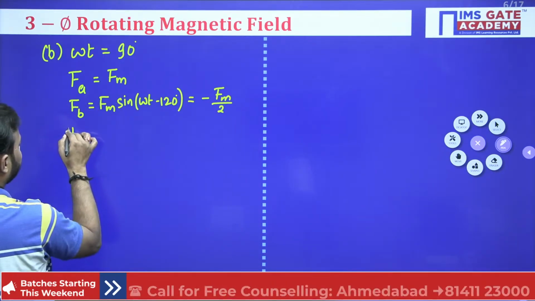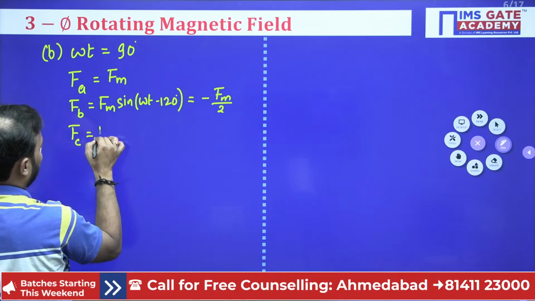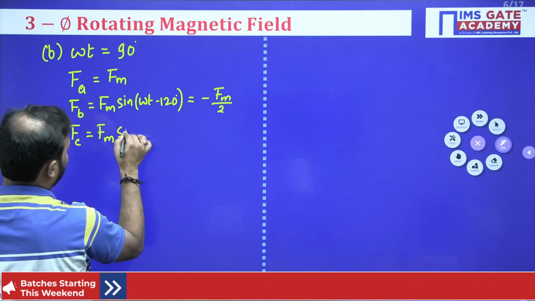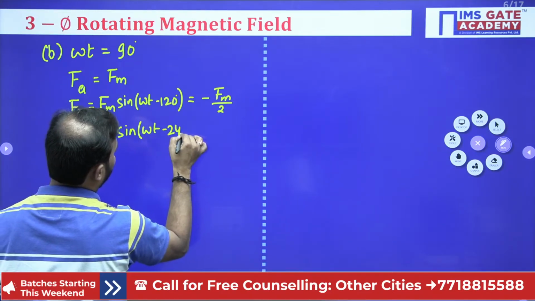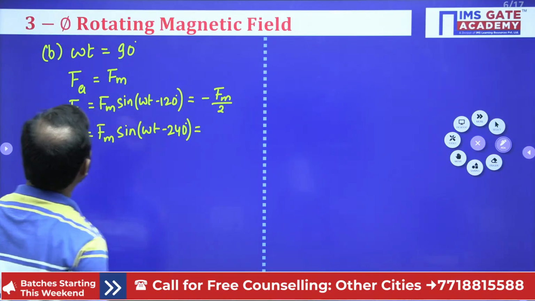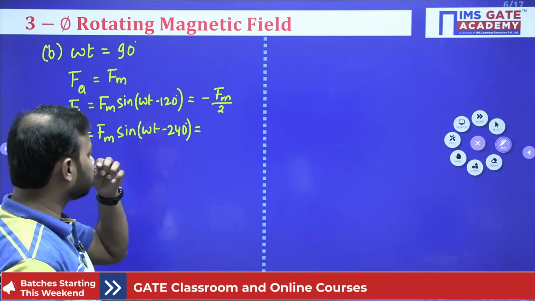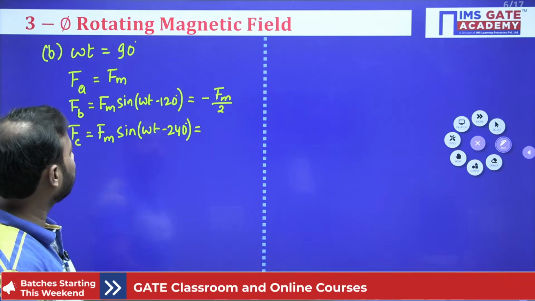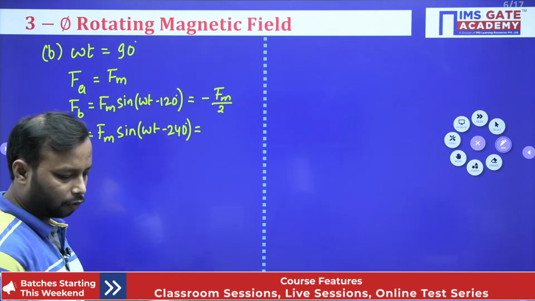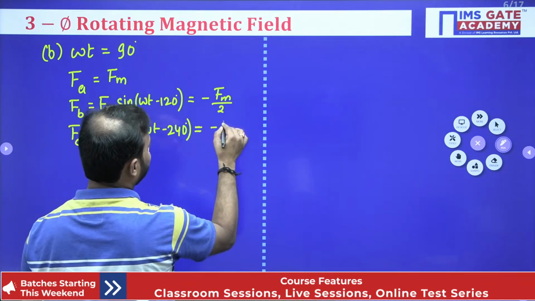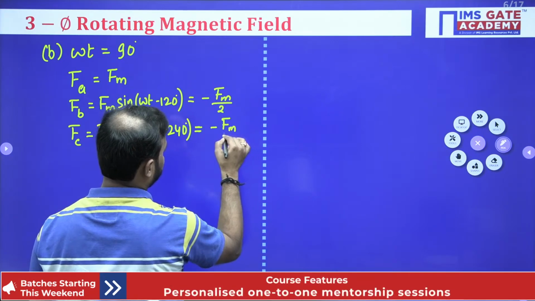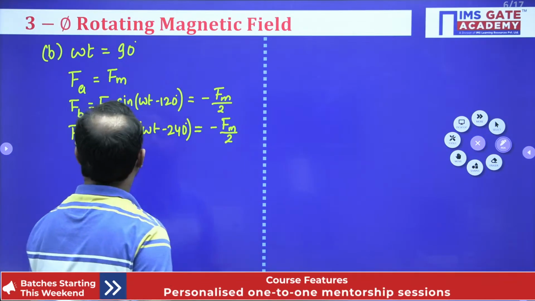And for FC, Fm sin of omega t minus 240 degree. So this value will be what? 90 minus 240 is minus 150, and sine of minus 150 is minus sine 150. So this will be minus Fm by 2 again. All right.